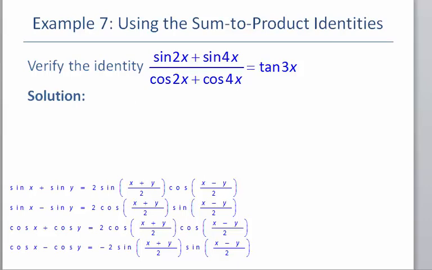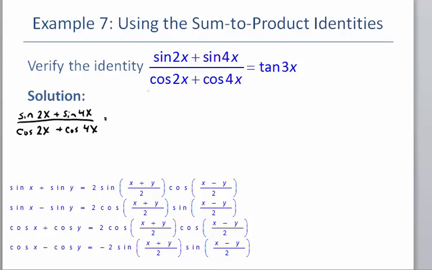So we're going to start with the left side of this identity. So I'm going to write that down, sine 2x plus sine 4x divided by cosine 2x plus cosine 4x.